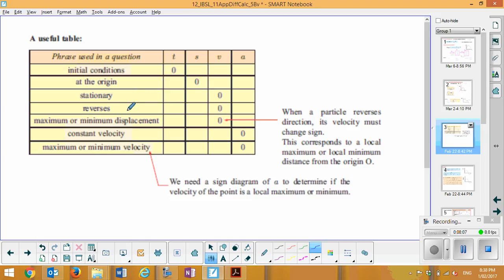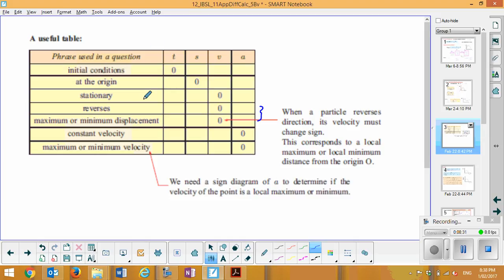So if it's reversing, it's either hit a maximum. So these two are sort of related. So if it's hit a maximum displacement in the positive direction and it's turning around, or it's hit a minimum displacement and it's turning around. So those two are related.